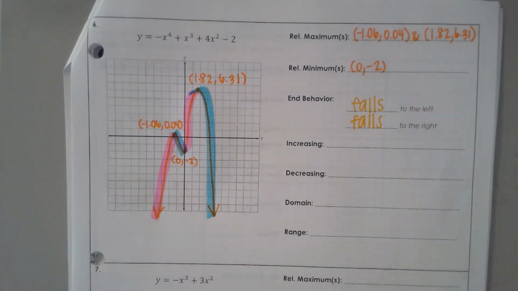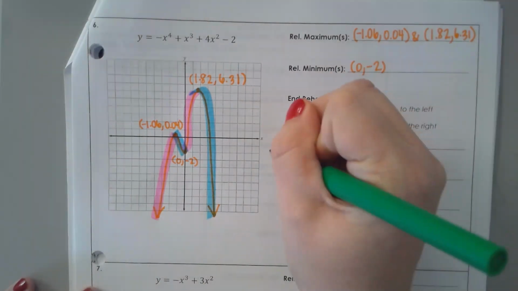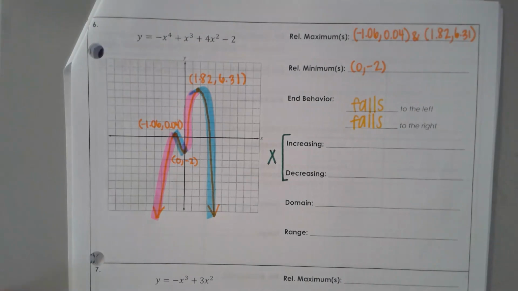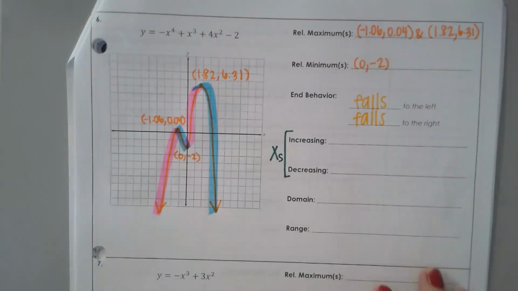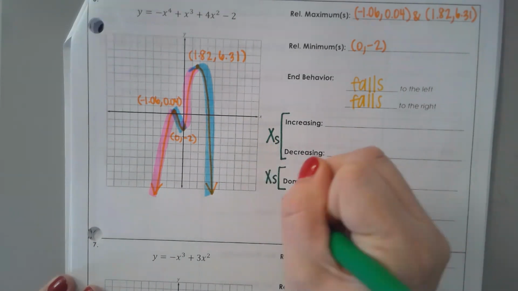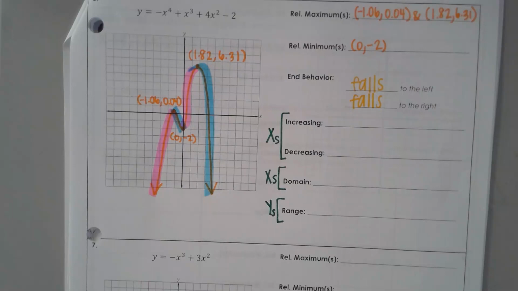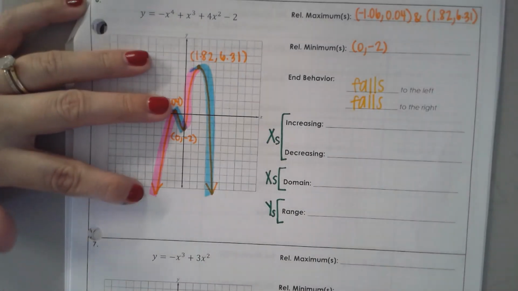Now remember, for increasing and decreasing, you always use your x's. Domain, you use your x's. Range, you use your y's. So for the increasing intervals, I've got this first one.